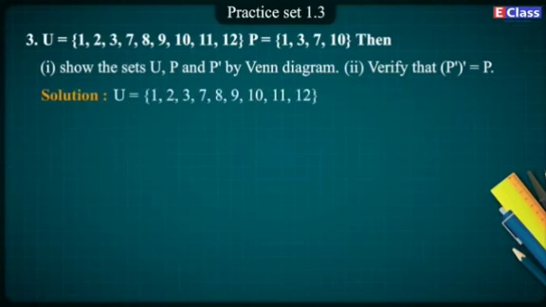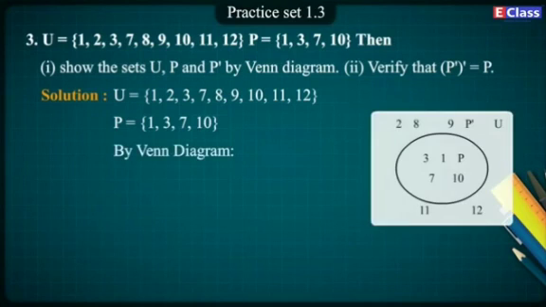Solution. U is equal to {1, 2, 3, 7, 8, 9, 10, 11, 12}. P is equal to {1, 3, 7, 10}. By Venn diagram.